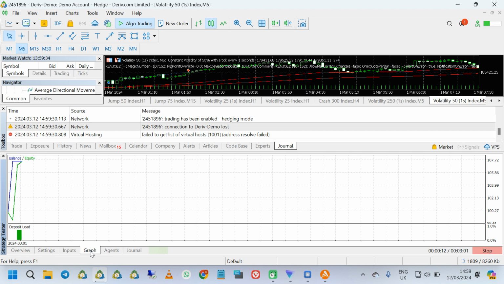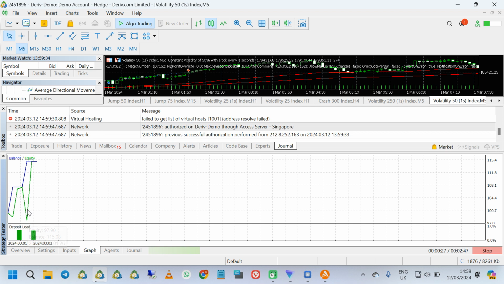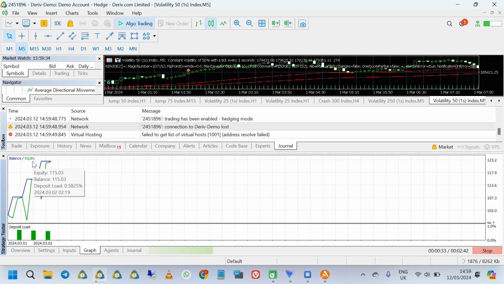Let's see what volatility 25 will deliver. The same way that it also started, you can see $100, and you can see this is the equity that went to 97, then goes all the way up to 115, and it's still running.